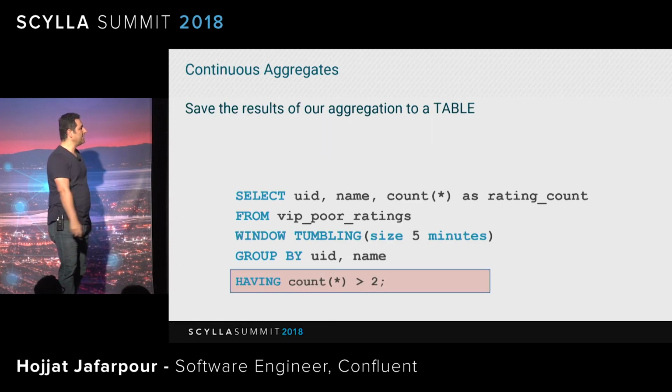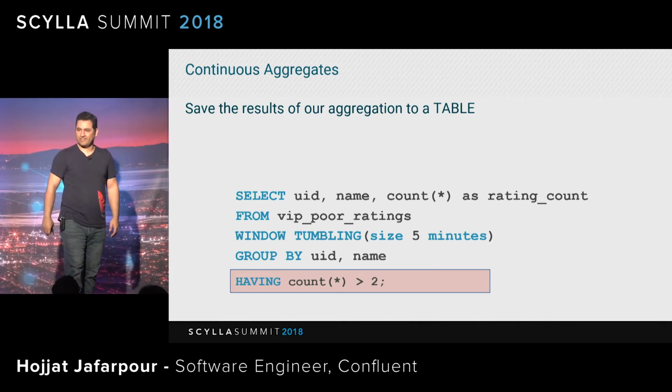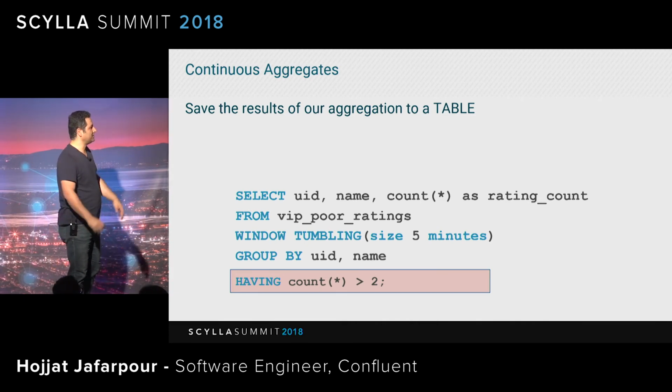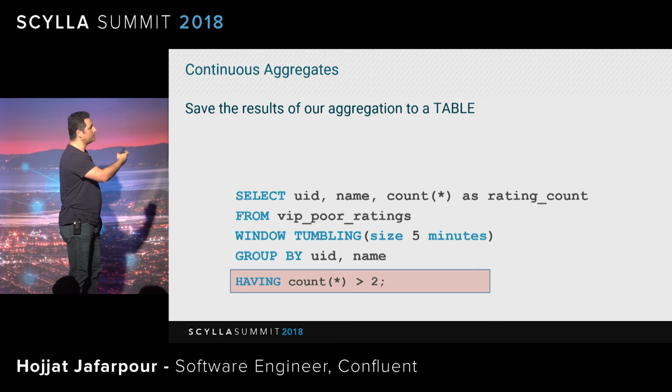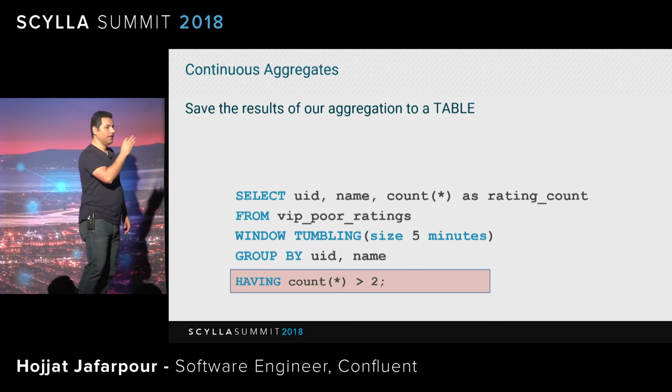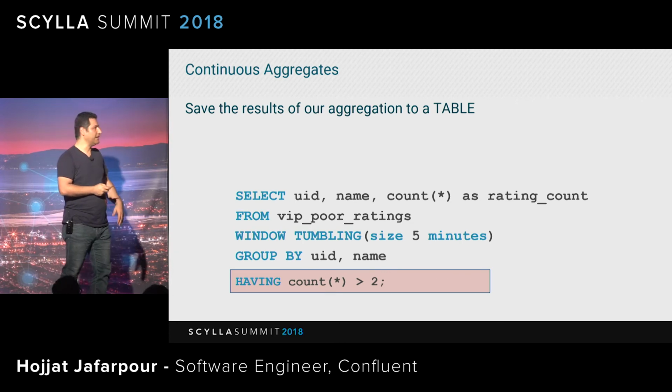So I can easily add a having clause here. As you see, we support most of the SQL language that you can see in normal databases. In this case, I will be calculating the count for every user ID and the name of the user. And if the value of the count is more than 2, I will be sending it to output.